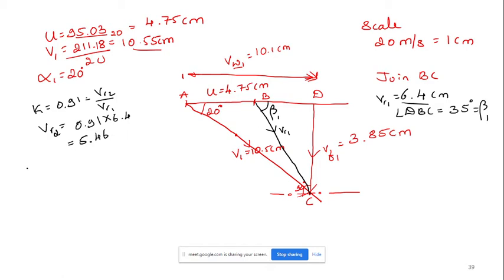Now they had given one more condition: the exit is axial.